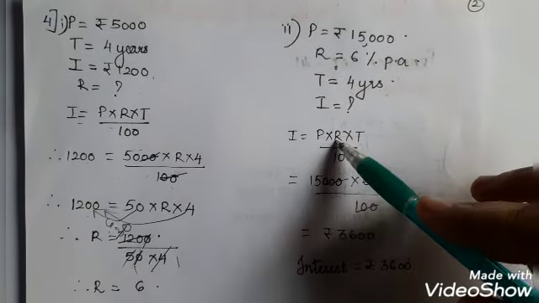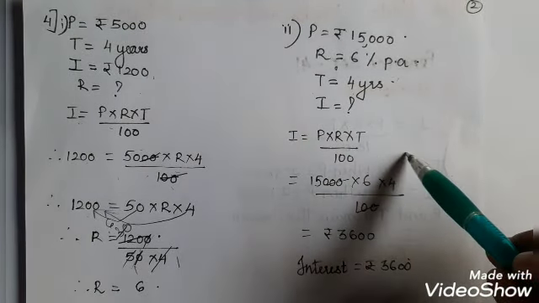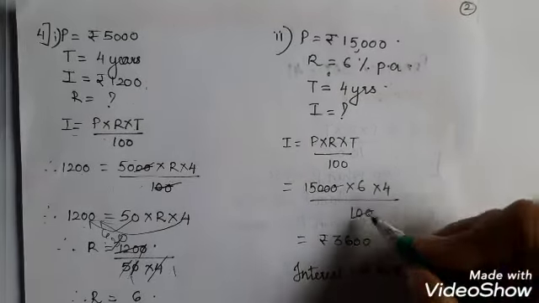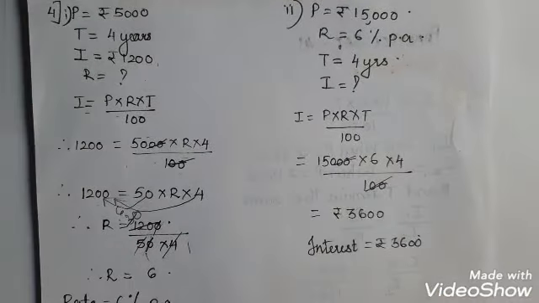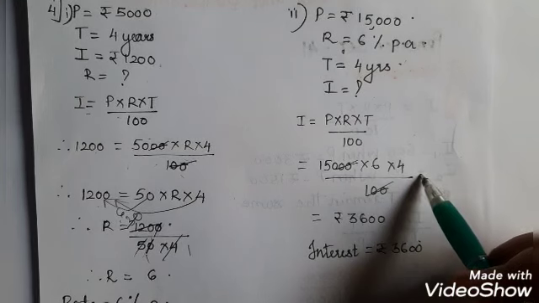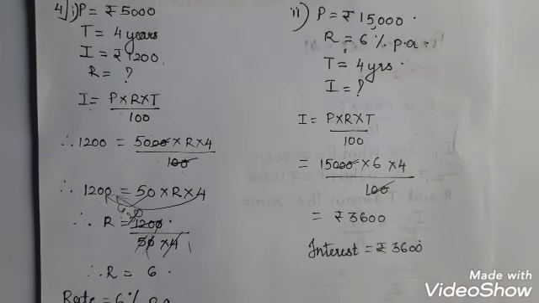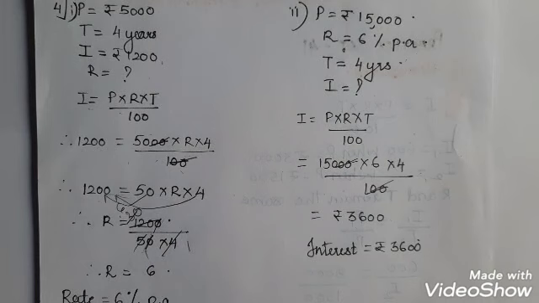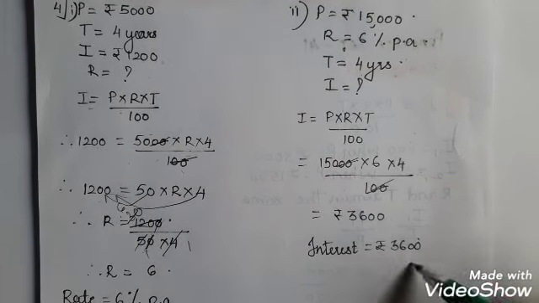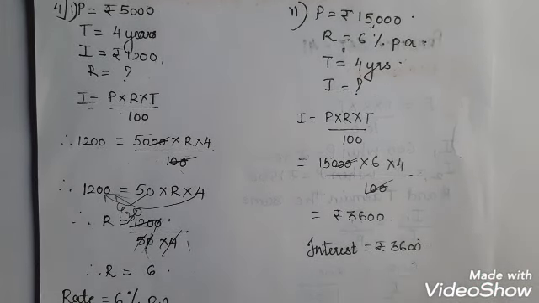So interest is equal to P into R into T upon 100, which is 15,000 multiplied by 6 multiplied by 4 upon 100. The 2 zeros get cancelled. You multiply 150 into 6 into 4. You get the answer as 3,600. So you get the answer as 3,600 rupees as the interest.